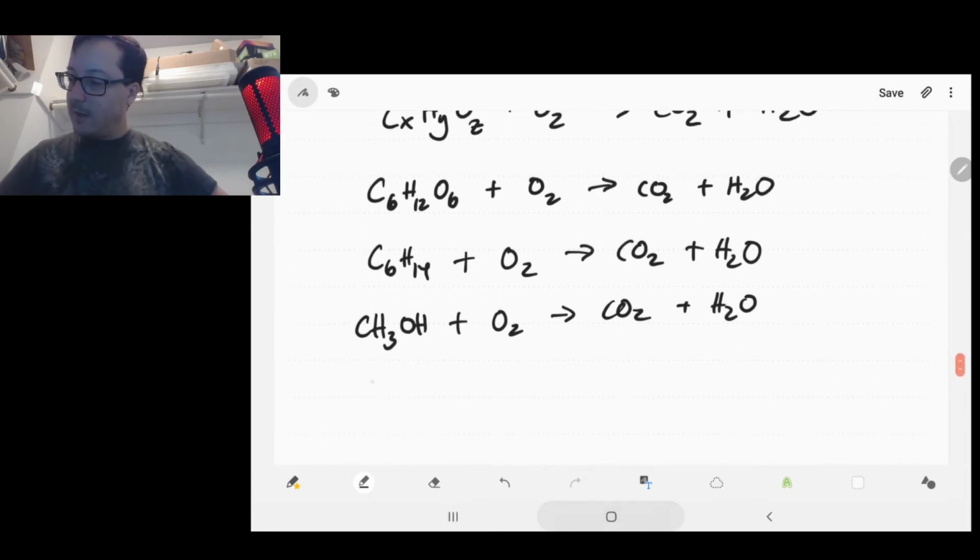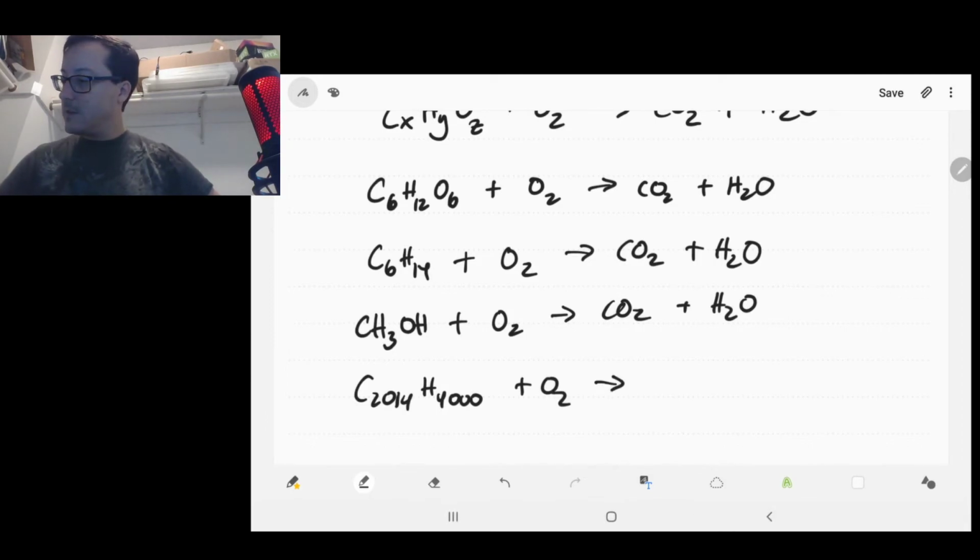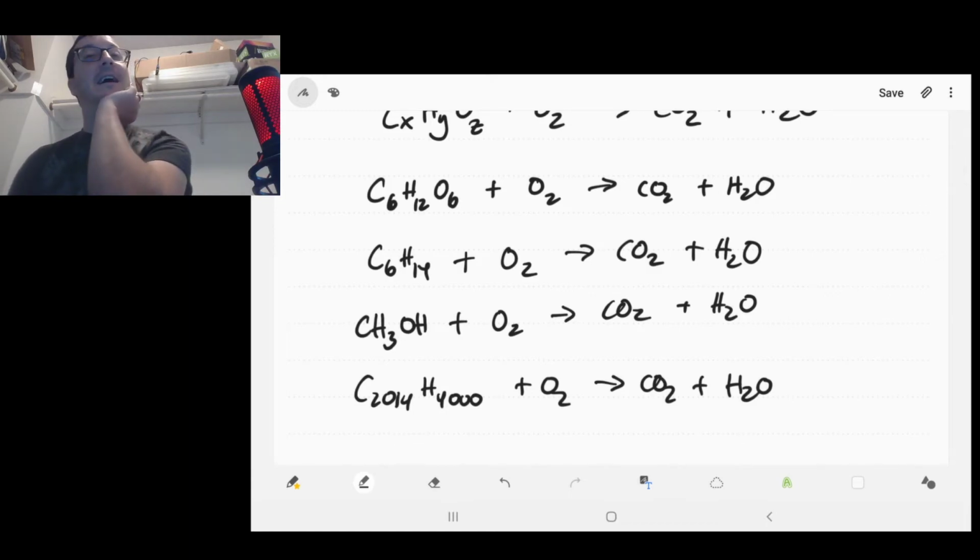If we take this large hydrocarbon, we get CO2 and water. And we can balance these. Do you want to balance the last one? It's actually not that bad. It's just going to have really big numbers, but it's really not that bad. But combustion reactions are very easy to identify and then figure out what the products are.